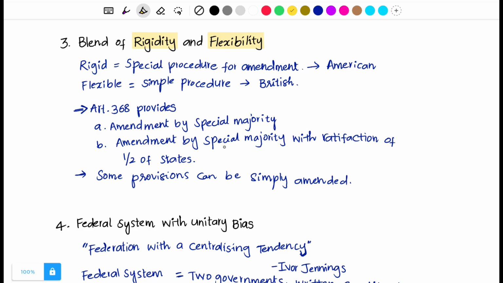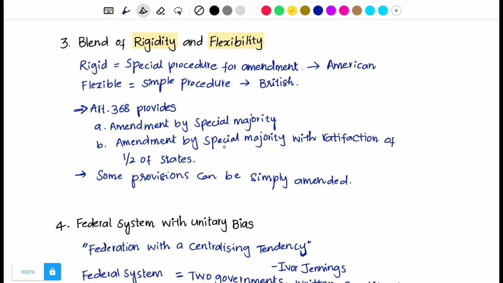Article 368 in the Indian Constitution provides the reasons for this blend of rigidity and flexibility. From Article 368, it is evident that we are a mixture of rigid and flexible. Our constitution is rigid and flexible because some provisions in the constitution need to be amended by a special majority.